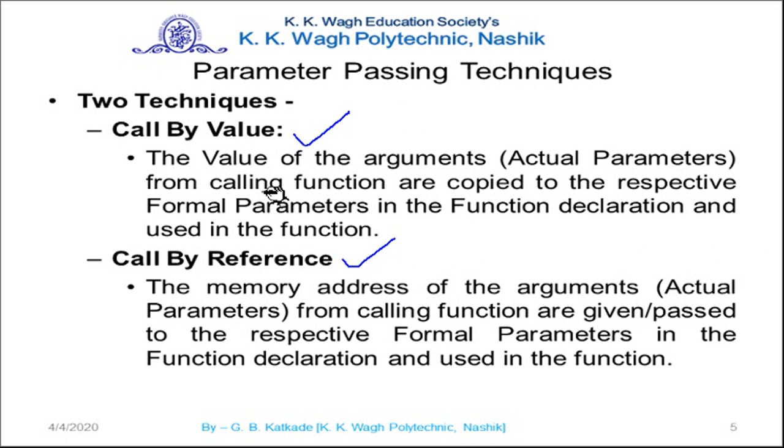In call by value, the arguments, that is, the actual parameters from the calling function, are copied to the respective parameters, called the formal parameters, in the called function in the sequence in which they have been specified. So we have to remember that the values of the formal parameters are copied from the actual parameters of the calling function.